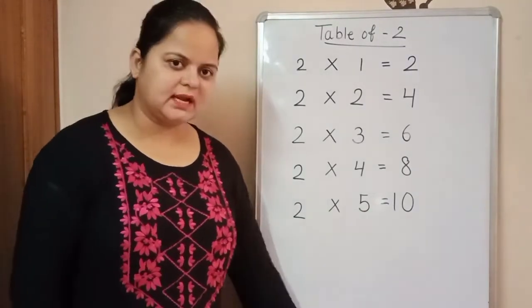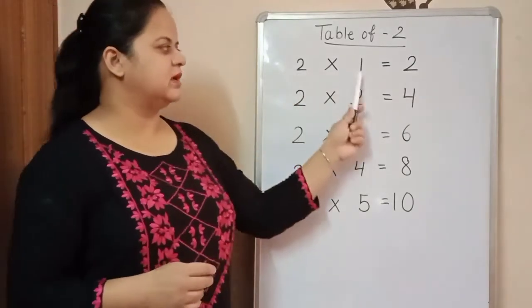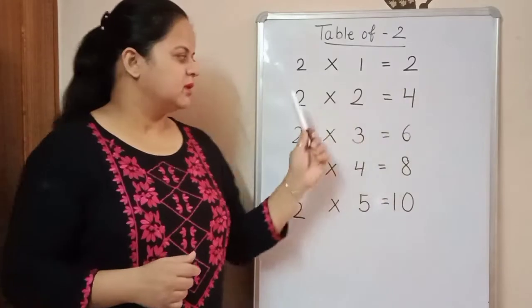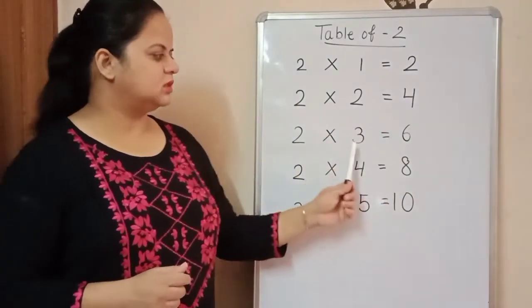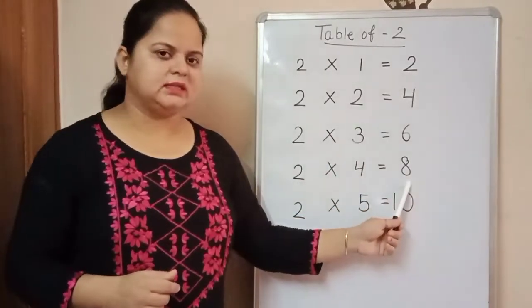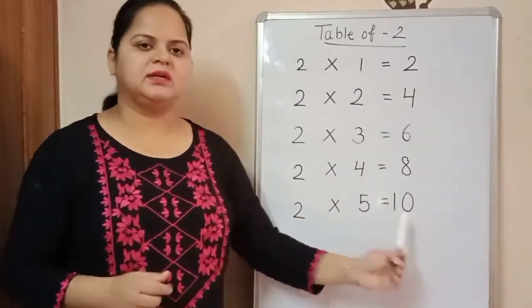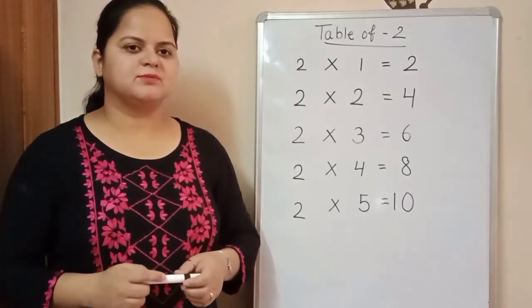Okay? Understand? Speak again. 2 ones are 2. 2 twos are 4. 2 threes are 6. 2 fours are 8. 2 fives are 10. I hope you all understand.